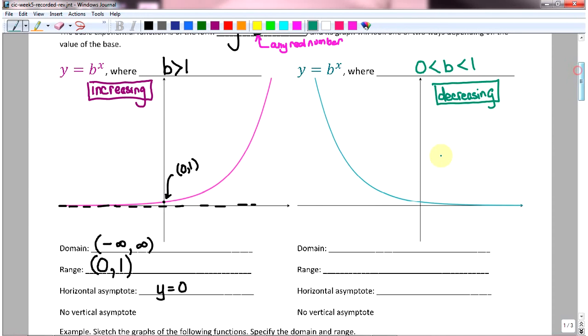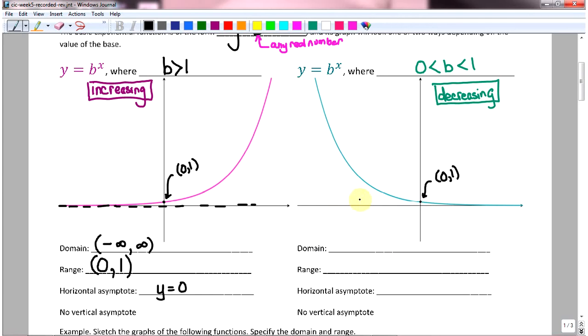If we look at the y-intercept, just like we did with the other graph, y-intercept means we're substituting 0 in place of x. If we do that, anything to the 0 power is equal to 1, so we still have that same y-intercept at (0, 1).